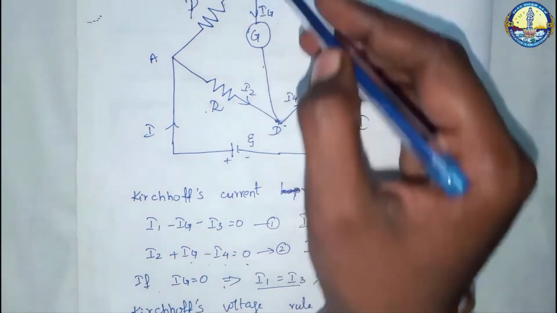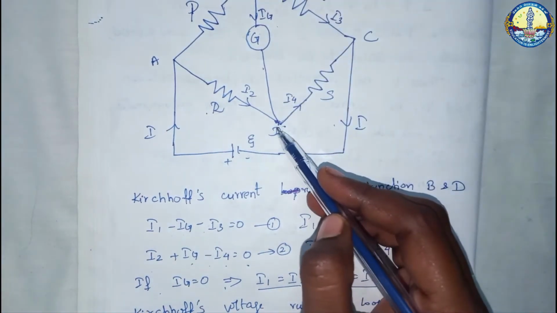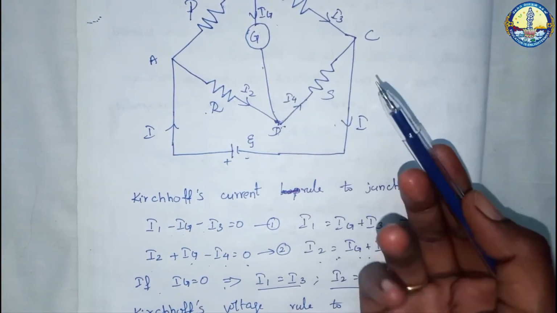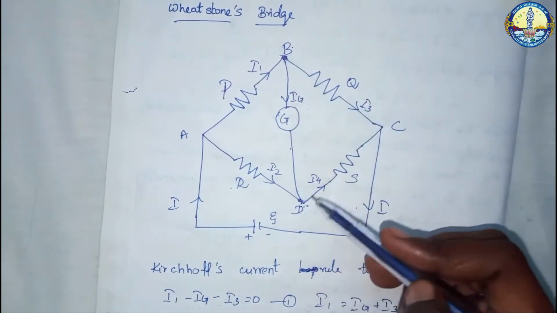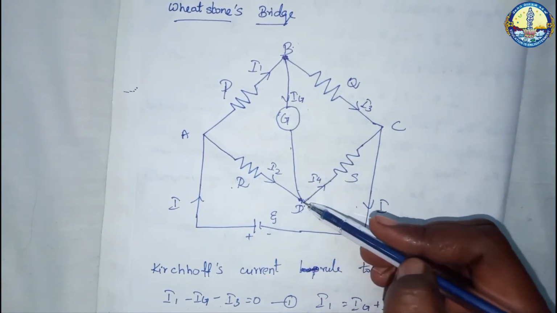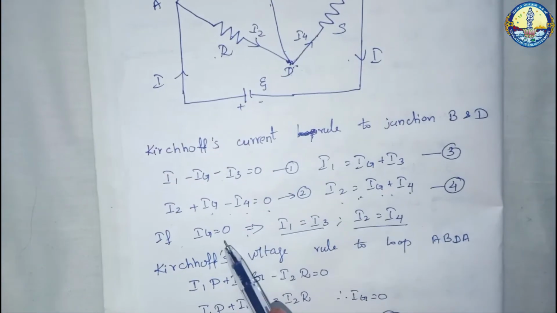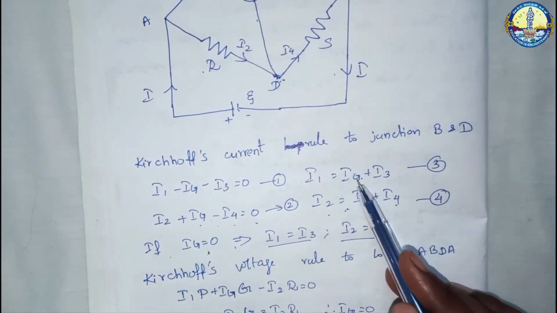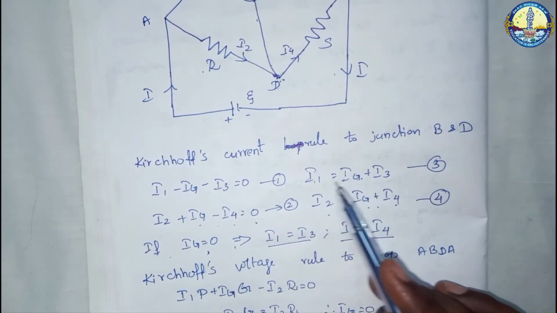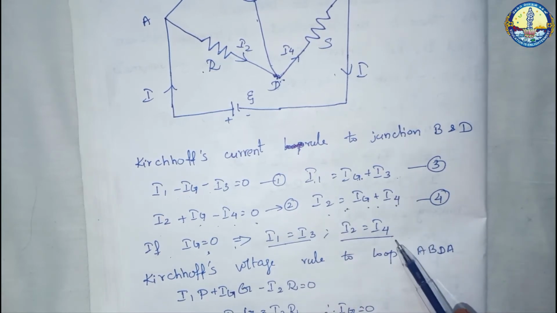And here, the potential difference between B and D is balanced, meaning there is no potential difference. So from the points B and D, there is no current flow. So we can consider Ig is equal to 0. If Ig is equal to 0, substituting in these equations, you will get I1 is equal to I3 and I2 is equal to I4.